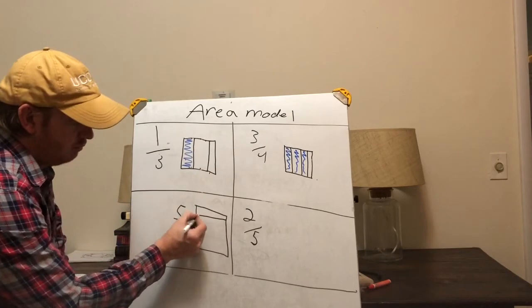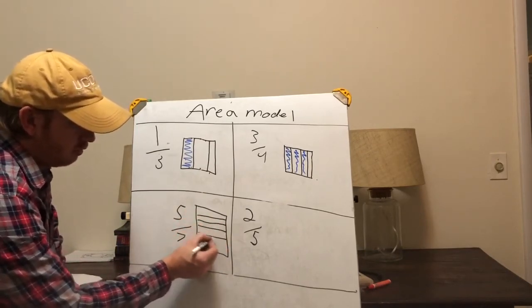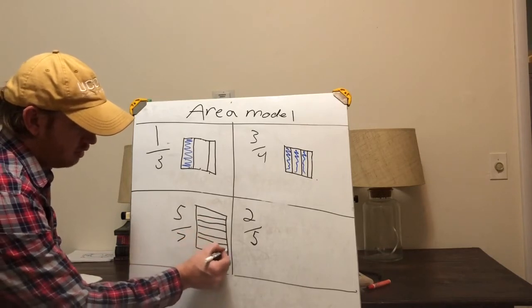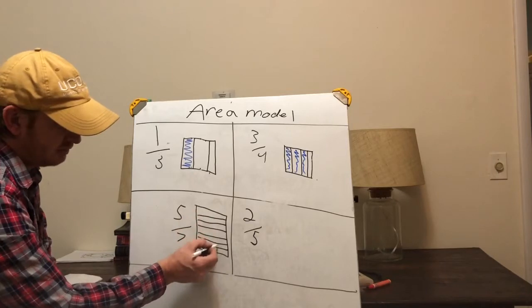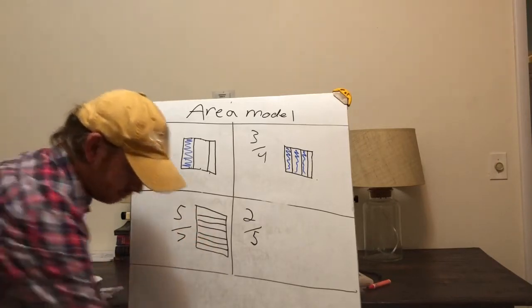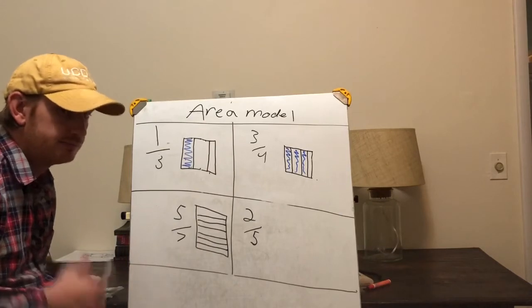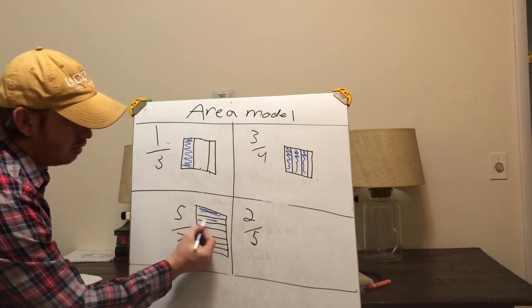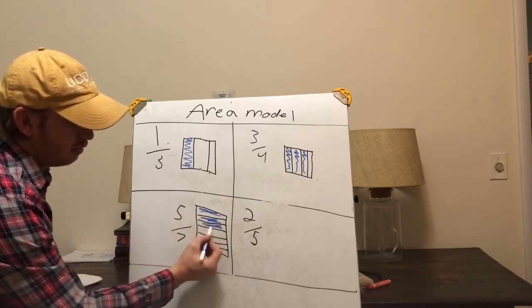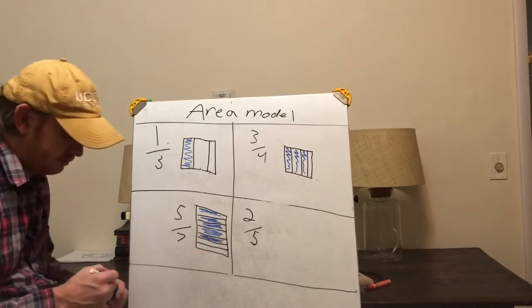We'll go 1, 2, 3, 4, 5, 6, and that's going to give me 1, 2, 3, 4, 5, 6, 7. And then how many am I shading in? 5, the numerator. 1, 2, 3, 4, and 5.